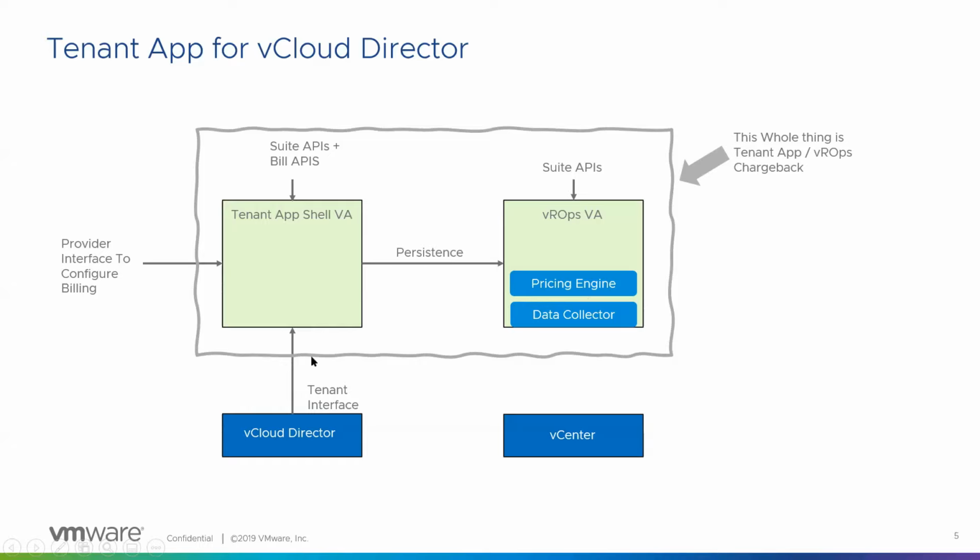The third and important piece is it lets the service providers provide this tenant interface via vCloud Director, wherein a tenant can log in and see either the usage information or the billing information that the service provider has configured optionally. A provider can decide what pieces of information he wants to expose to his tenants. So that's a three-pronged value add that Tenant App provides.